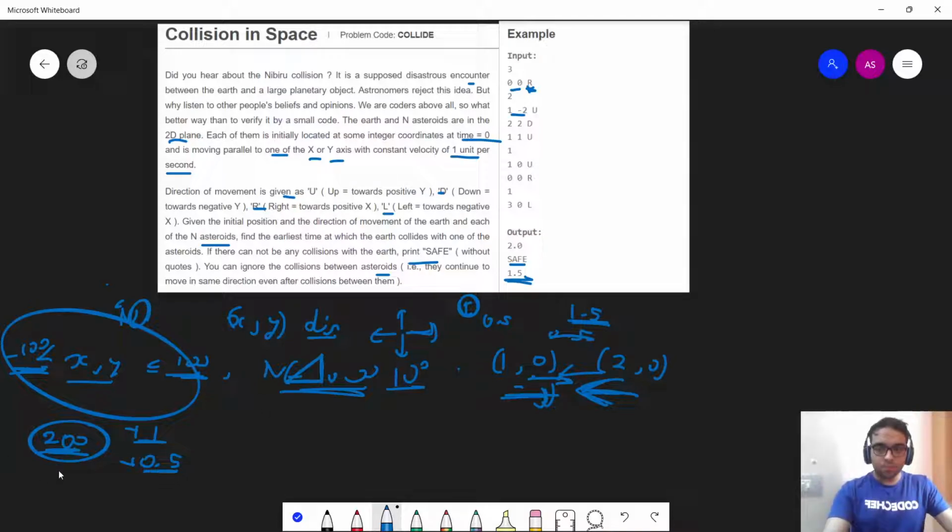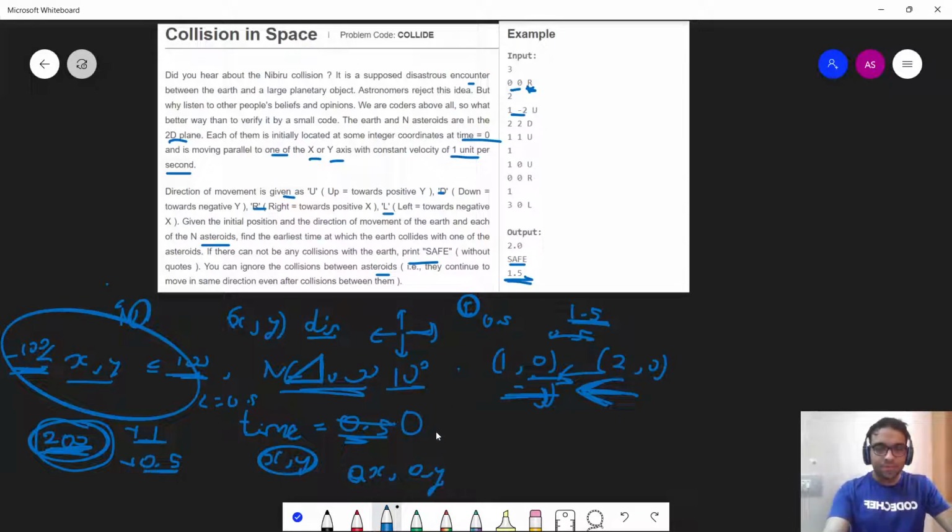The idea for this problem is simple. What you'll do is, you'll traverse all my 200 seconds, or basically the maximum time. So you'll keep your time counter as 0.5. Initially, let's say my time is 0. I'll simulate the entire thing, or basically I'll check whether my coordinates of Earth, let's say x comma y, are the same as any of the coordinates of asteroids, say ax comma ay.